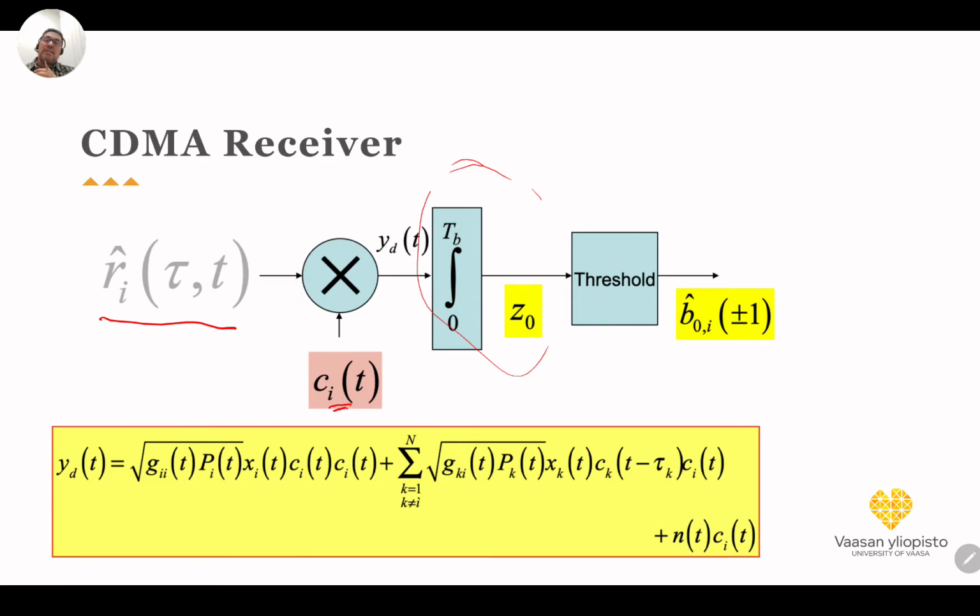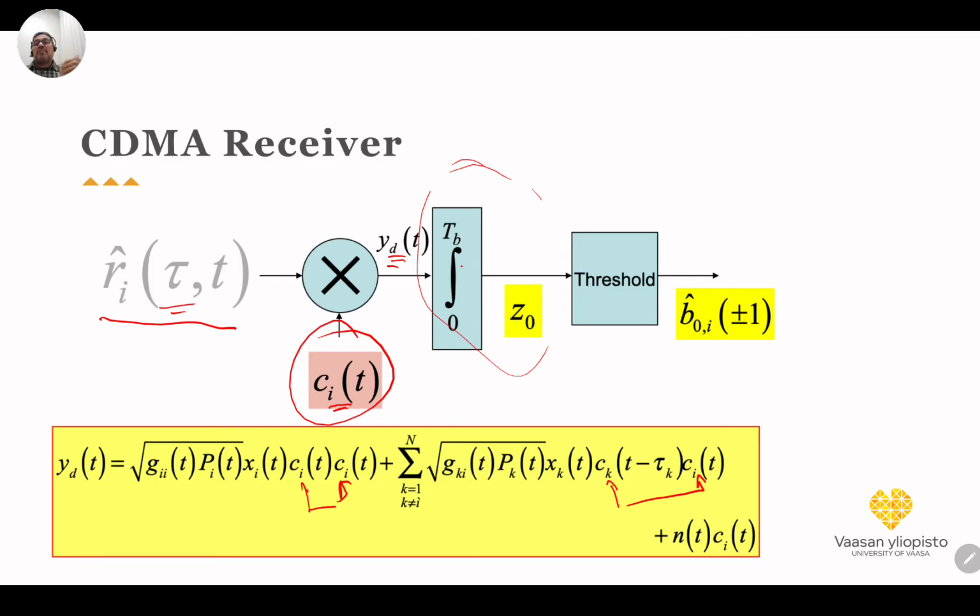Here we take the simplest case, where we have a bit, but in general you can say that we have a symbol. So now we take the integration over one symbol, which means that before the integration, d of t will be the received signal multiplied by the code i. You can see that we have code Ci multiplied by Ci, but here we have Ck multiplied by Ci.